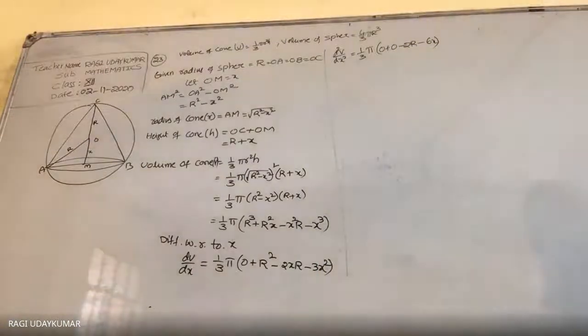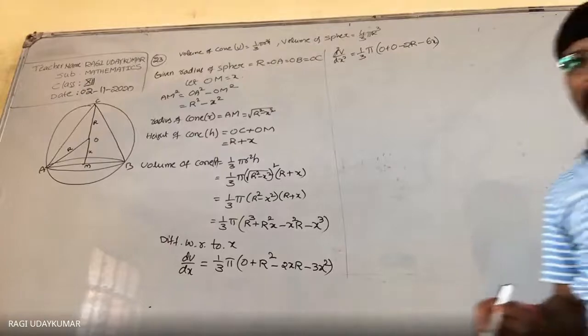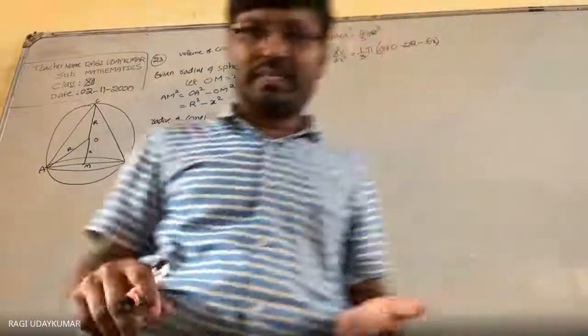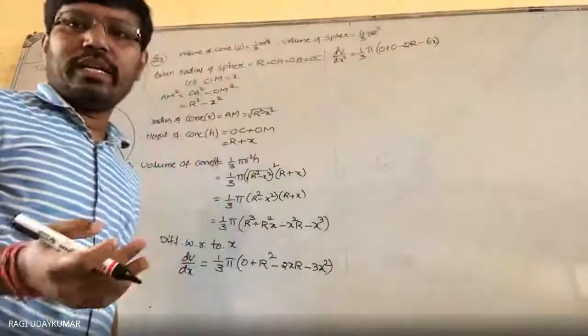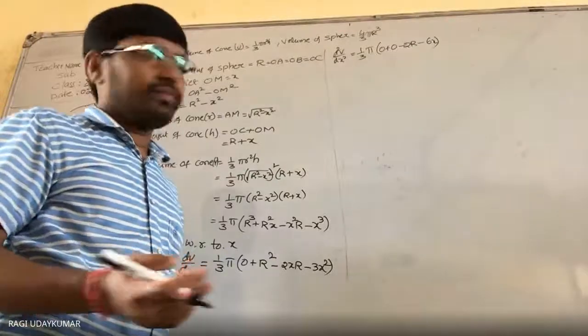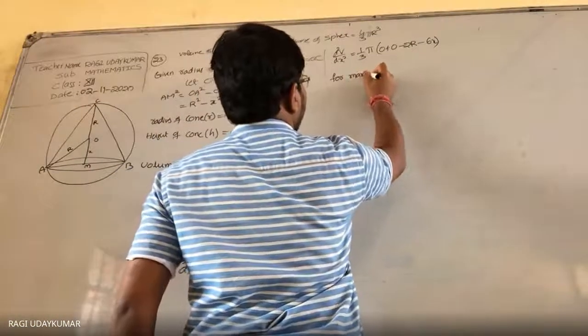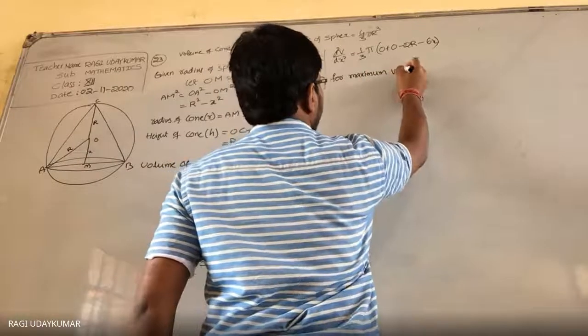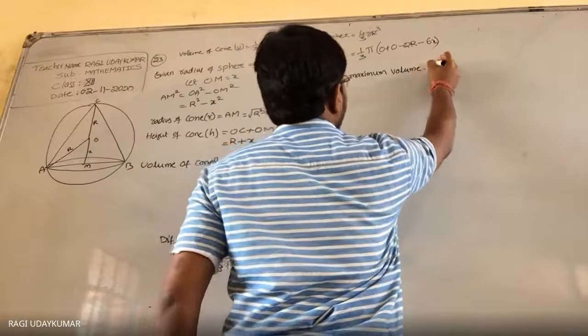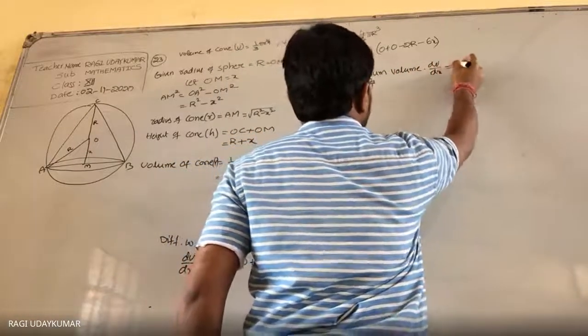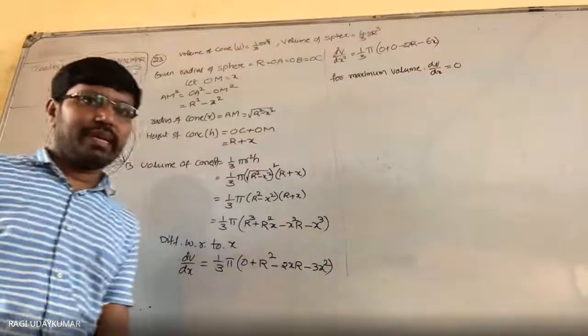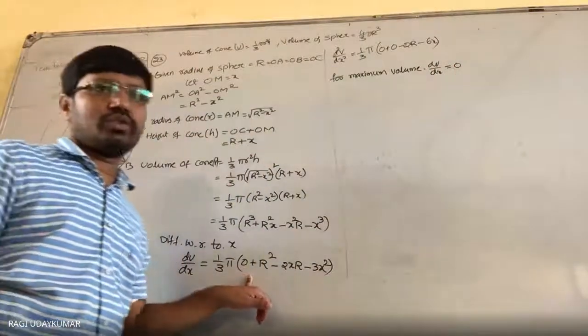So what you have to do here: for the maximum volume, dv by dx should be equal to 0.